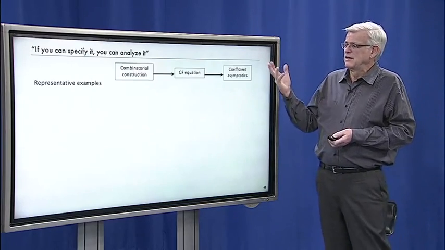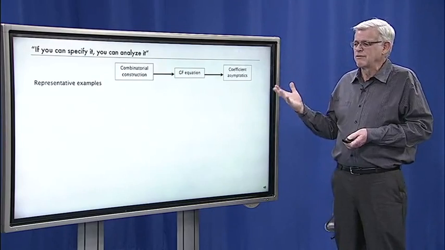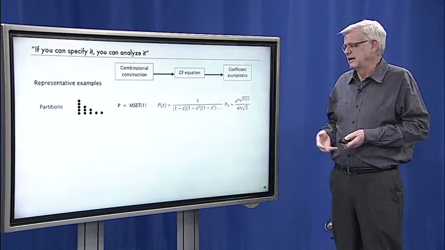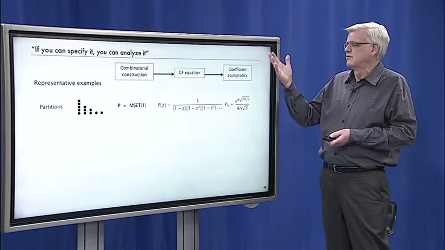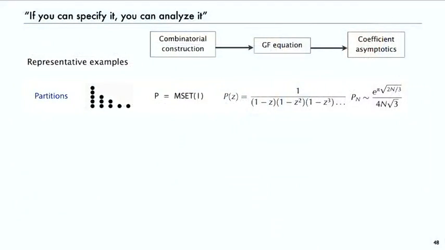But still, there's a very broad variety of problems that can be handled simply with combinatorial constructions, transferring immediately to generating function equations, and then translating to coefficient asymptotics one step after another. For example, partitions: how many ways are there to write an integer as a sum of smaller integers?